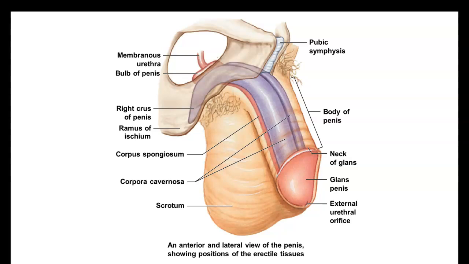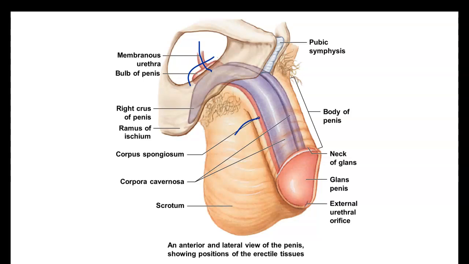So looking here at this picture, you can see that here you're going to have that urethra coming out. You've got the bulb of the penis. That's the start of the penis there. You have it coming in. You've got that corpus spongiosum in that area there that's going to be in red.